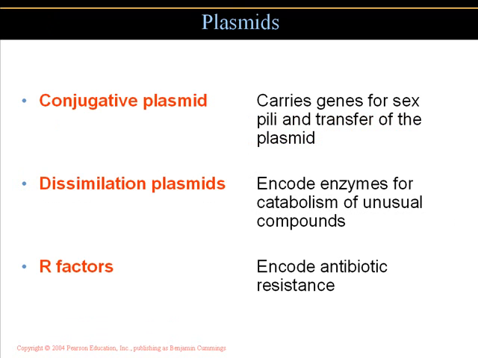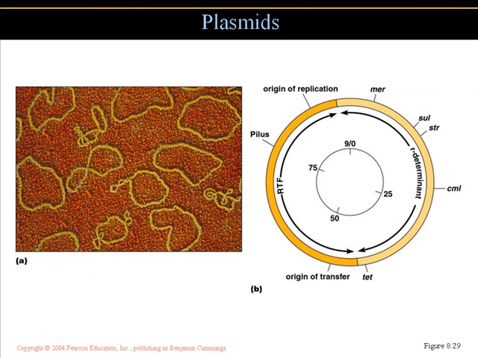Again, these are different types of plasmids: conjugative plasmids, which carry genes for sex pili that transfer the plasmid; dissimilation plasmids, which encode specific enzymes for catabolism of unusual compounds, specific types of sugars that may be used as an energy source for a particular type of organism; and then R factor, which encodes for antibiotic resistance.